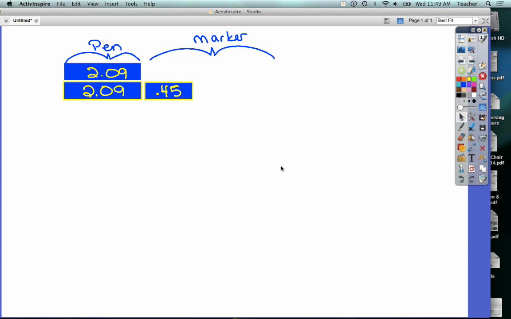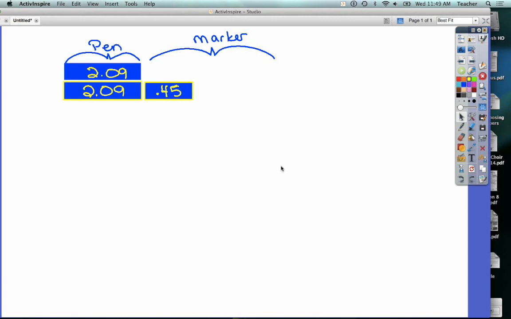Look at the image. Look at the picture. Which one's more? Everybody, which one's more? The marker. How much more? 45 cents.